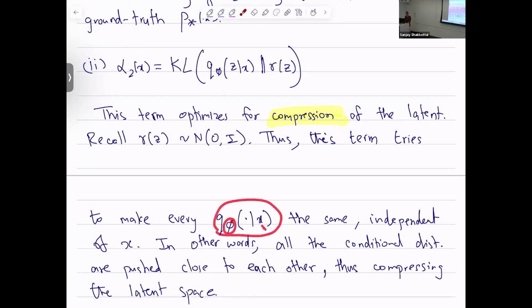You want phi such that for any x, they're all the same. That's what makes the second term as small as possible, because there's a negative sign in front of the KL. Does it make sense? So the second term is trying to push all the conditional distributions close to each other. So this is the compression term.